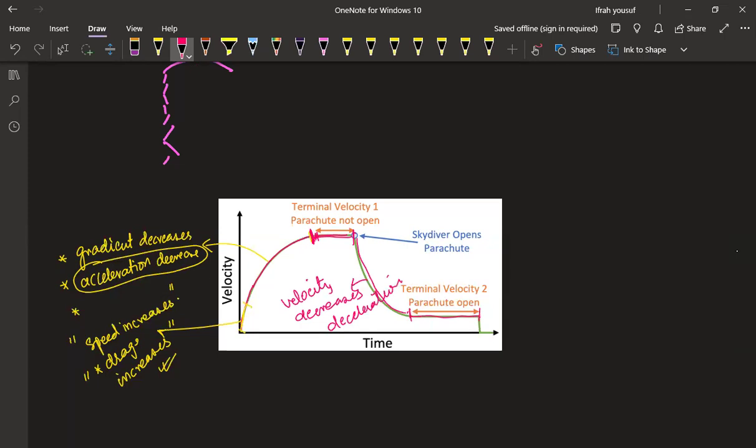And this is the second time it reaches a terminal velocity, when the parachute gets opened. Clear? Okay. So in the next class, we will discuss the difference between free fall and terminal velocity with respect to graph.